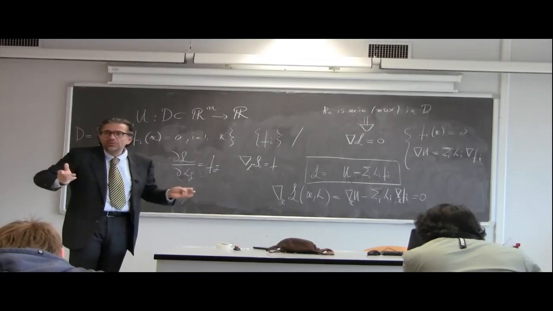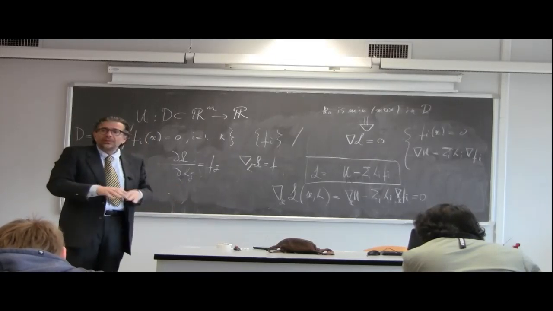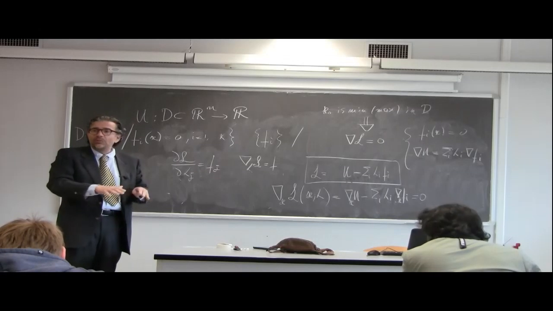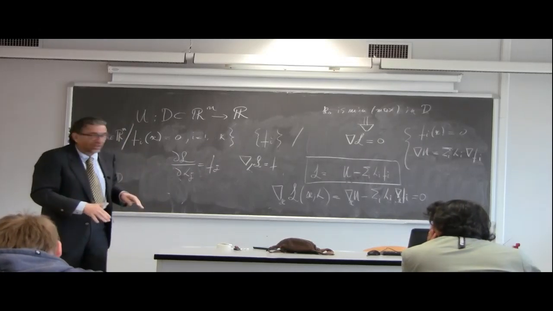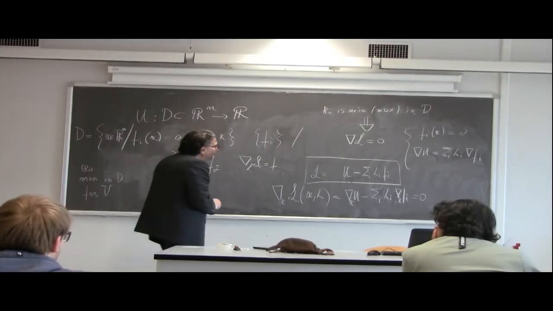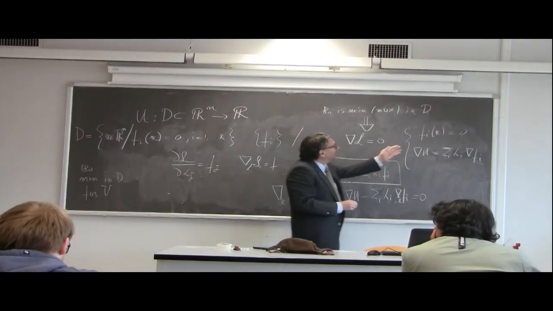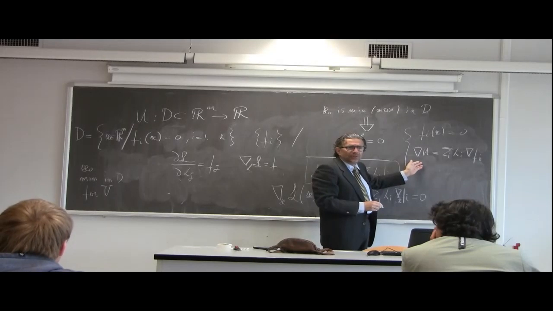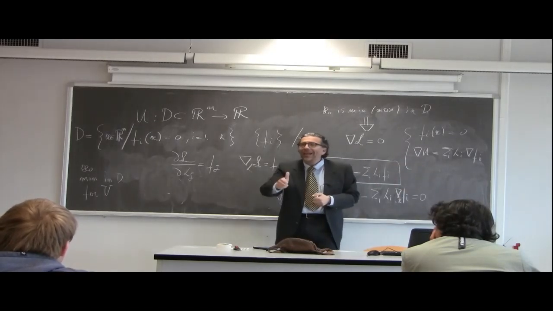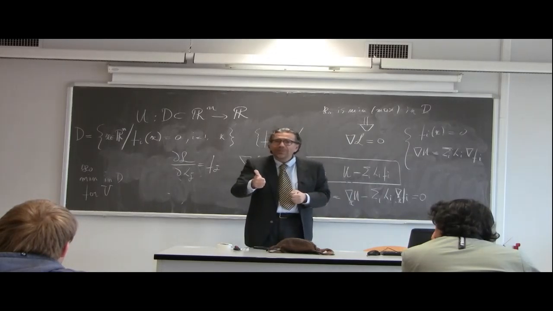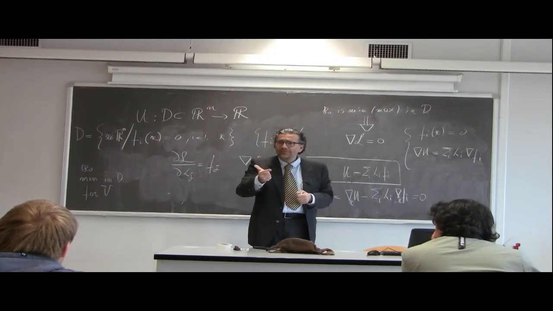So U experiences a maximum or a minimum inside D. Okay? Now we count. How many unknowns do we have? x0 and the lambdas.